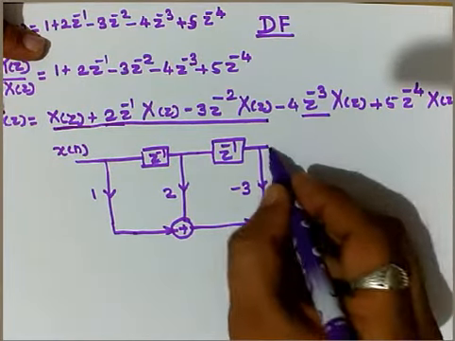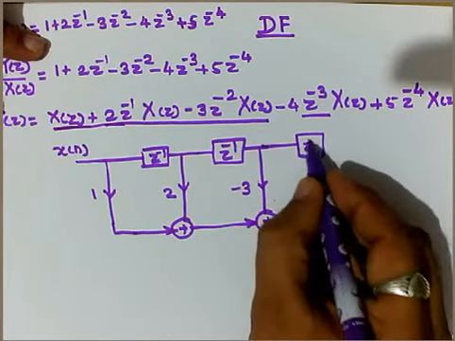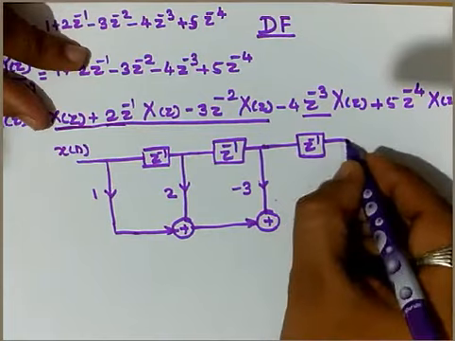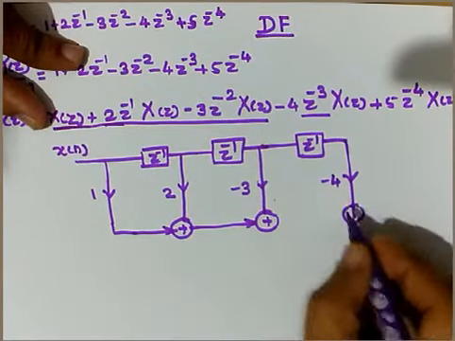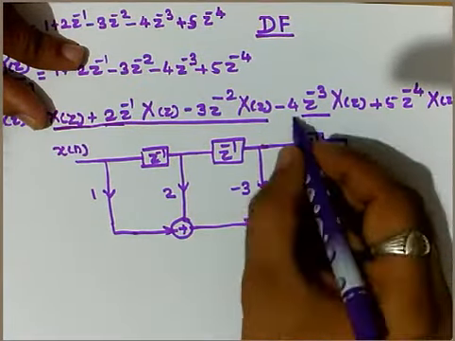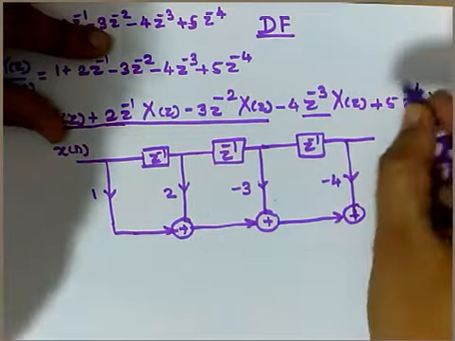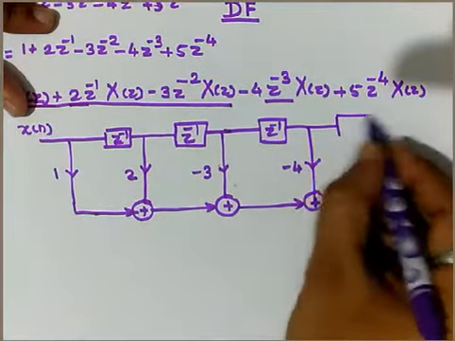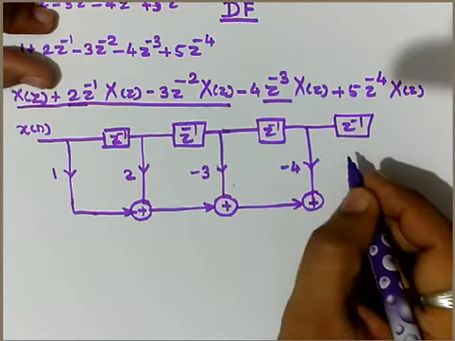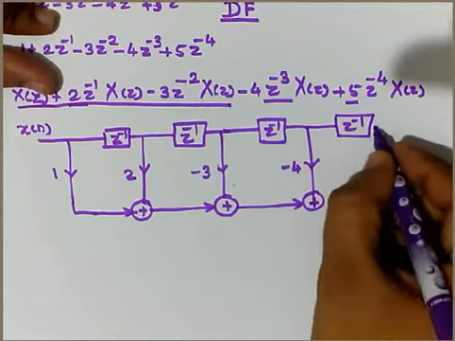Next part is z raised to minus 3. So again add one more block, z inverse block. Write here minus 4 because it is scaled to minus 4. So this will be again added. At last it is z raised to minus 4. So again write here z raised to minus 1. It is scaled by plus 5.